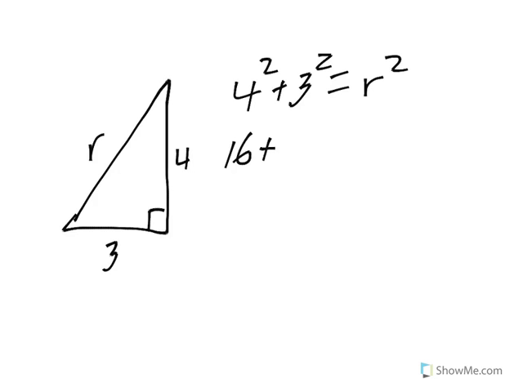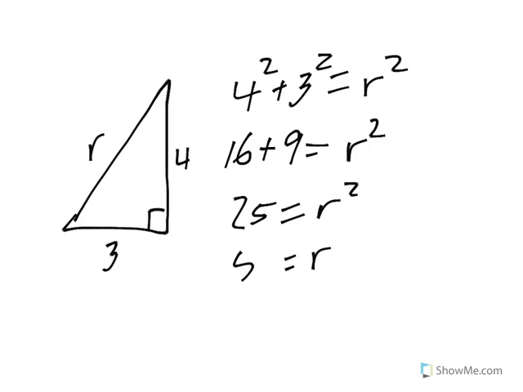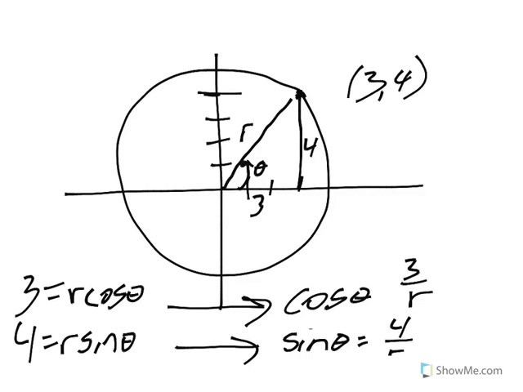And of course I chose this conveniently so I didn't have to worry about crazy numbers. 16 plus 9 is 25. Square root of 25, because I'm only looking at a length, so the positive square root of 25, which is 5.